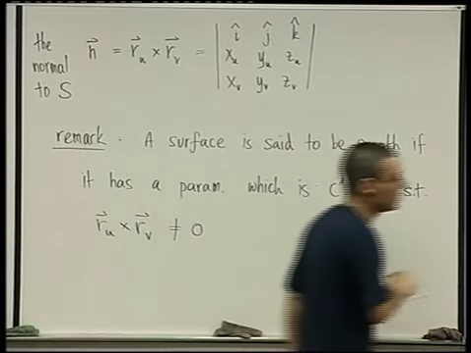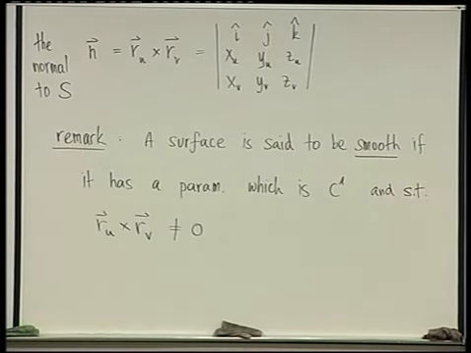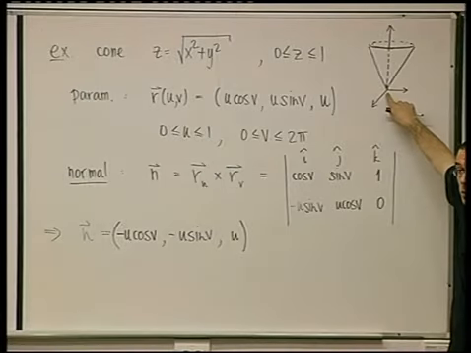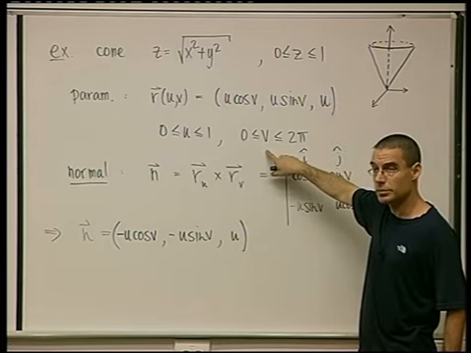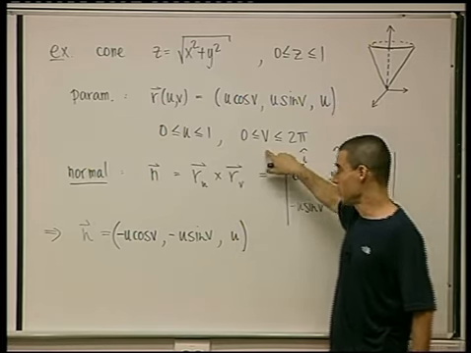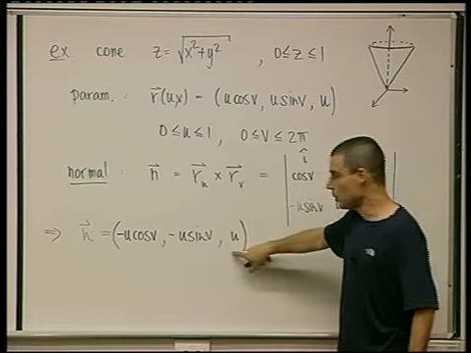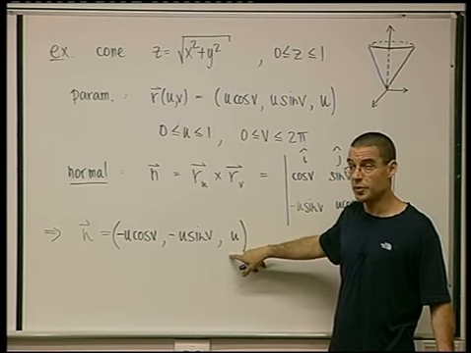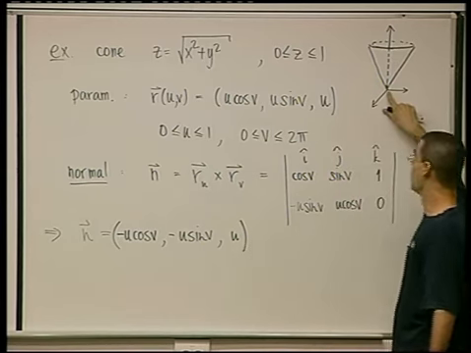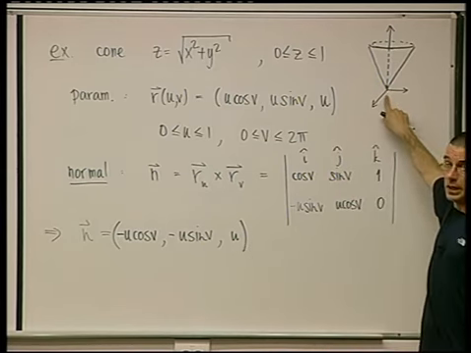Let's go back to the example. So this is the point where it's obviously not smooth, right? This is the point which corresponds to u equals 0 and v equals 0, and when u equals 0 and v equals 0, we get the normal vector to be the 0 vector. So there is no well-defined normal vector, and therefore there is no well-defined tangent plane here.